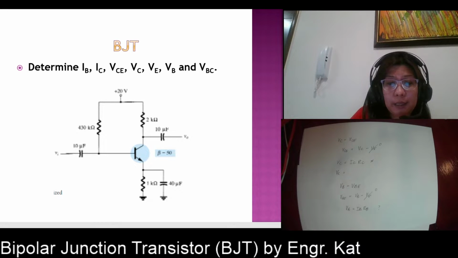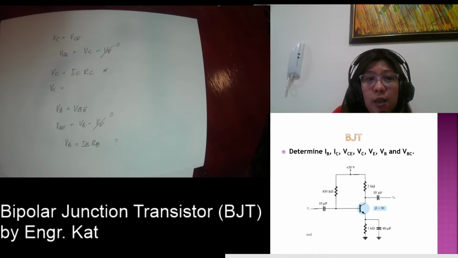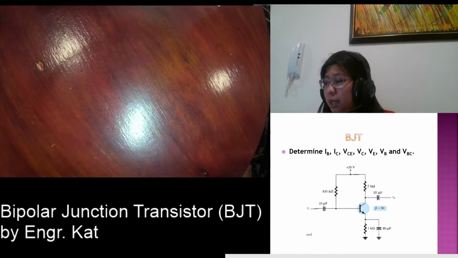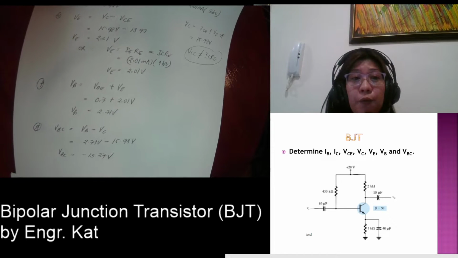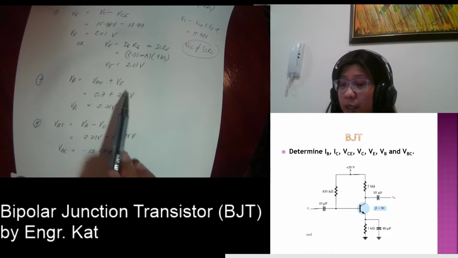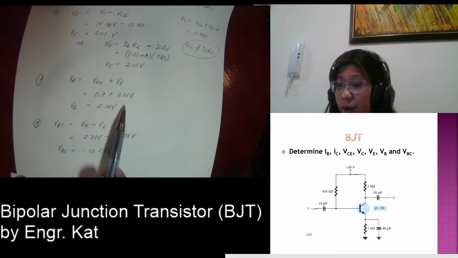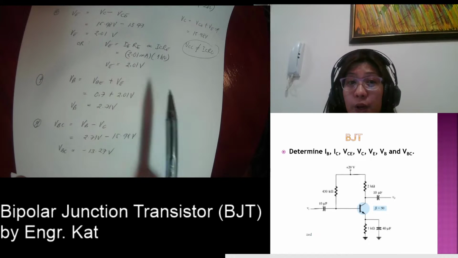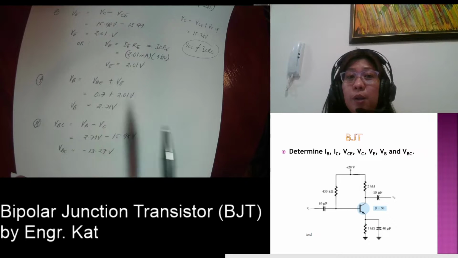We can solve for VB using this formula: VB is equal to your VBE plus your VE. So this is 0.7, since we have already solved for VE earlier, plus 2.01. VB is equal to 2.71 volts.